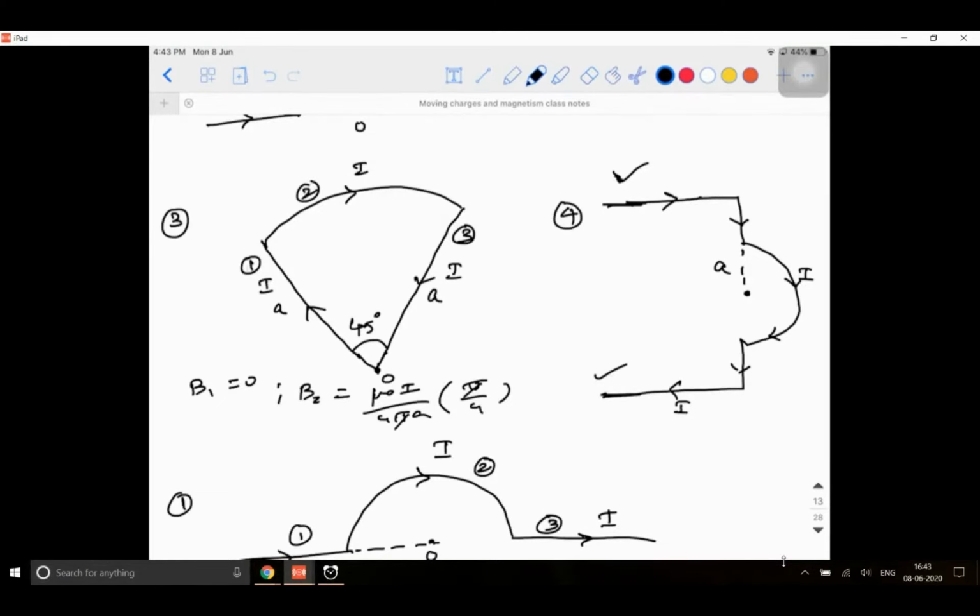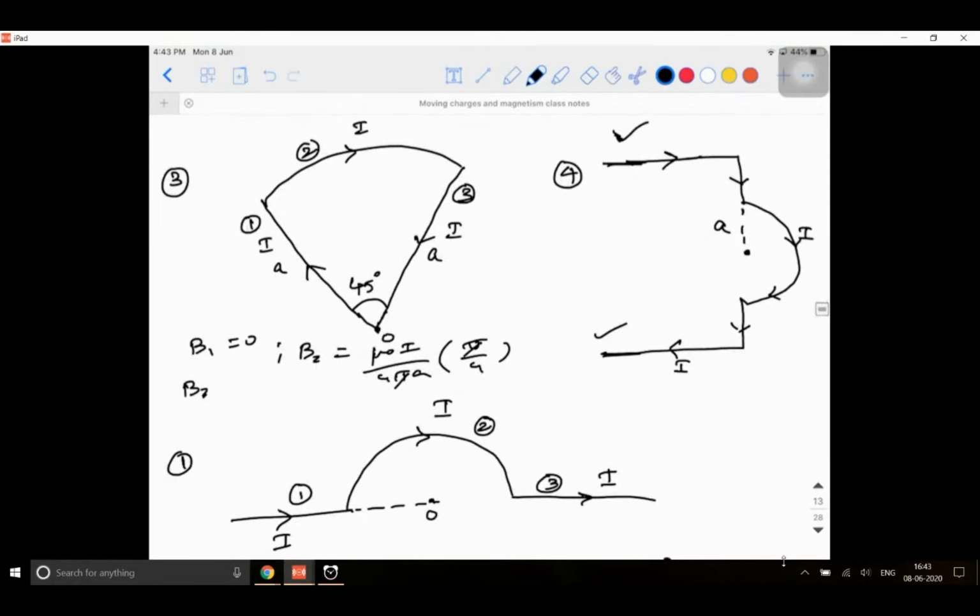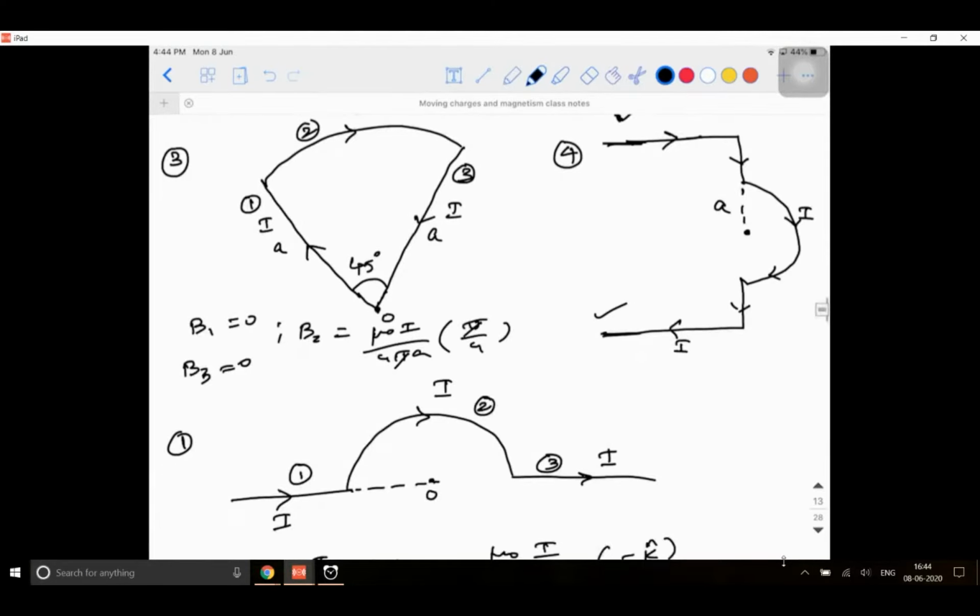That gives mu naught I divided by 16a. Very good. And B3 is going to be 0. So the total magnetic field will be mu naught I divided by 16a, in which direction? Minus k cap. Very good. So the magnetic field is mu naught I divided by 16a in the direction of minus k.